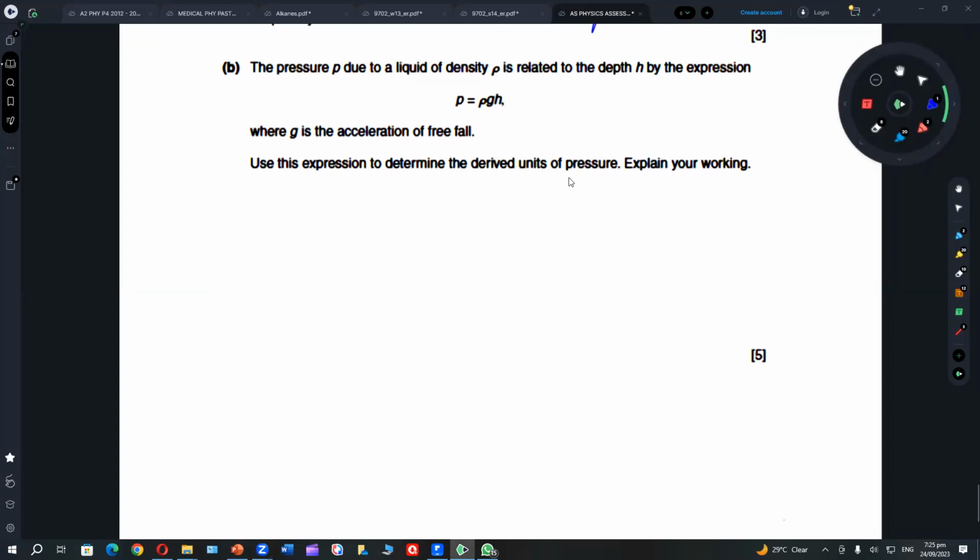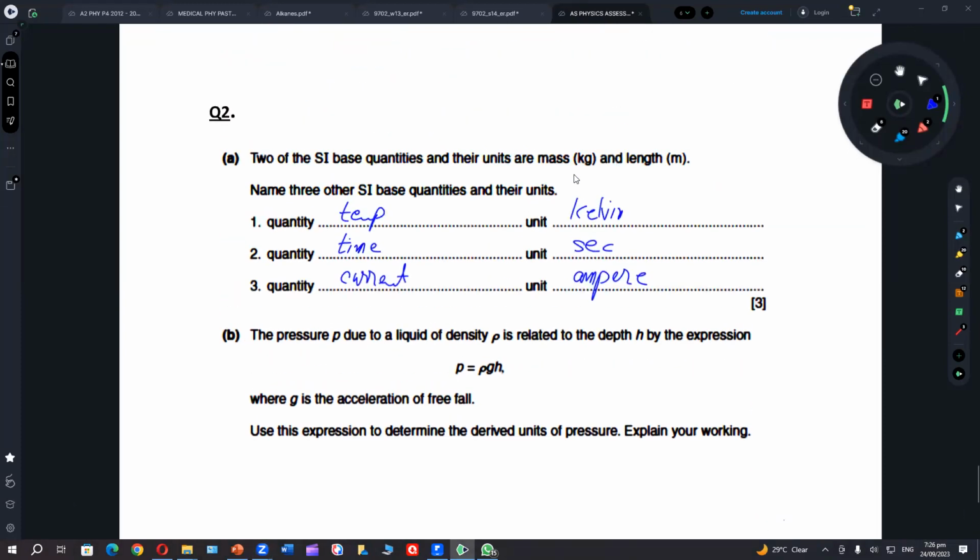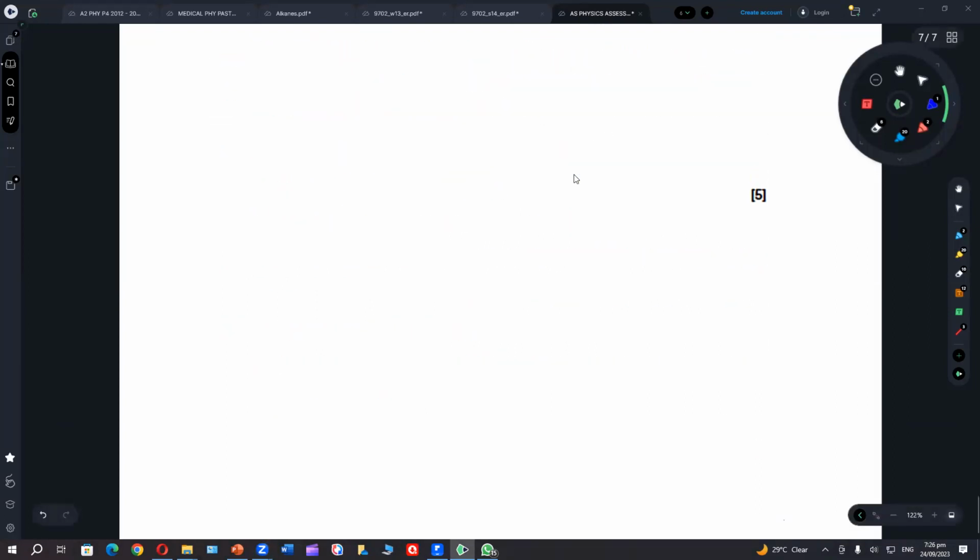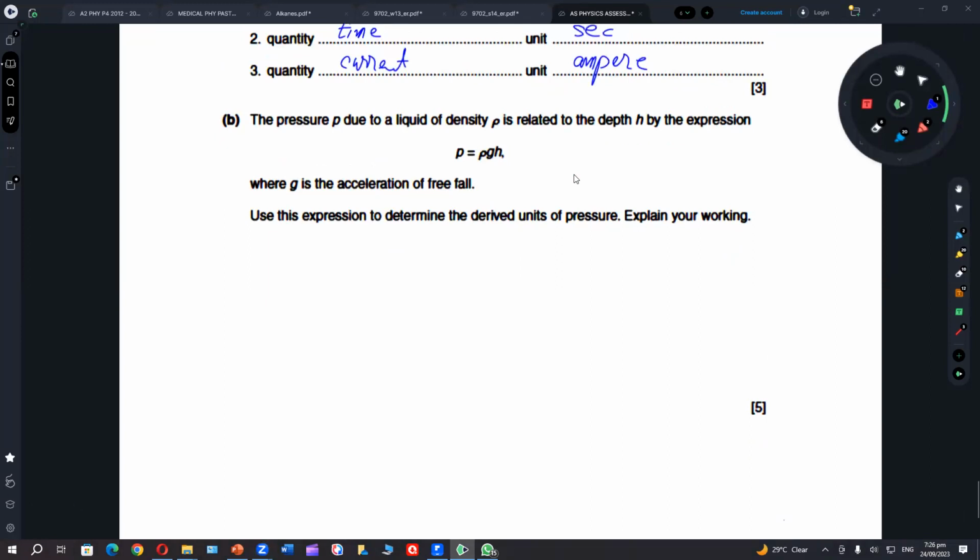The pressure P, due to a liquid of density rho, is related to the depth H by the expression. Use this expression to determine the derived unit of pressure. Doesn't matter, I'm saying it's not wrong. Mass can't be there. Mass is already given by the examiner. Examiner has mentioned mass and length, so you can't give them, but candela is fine. Candela is not wrong. Okay, now he says find the base unit for this. P is equal to rho g h.